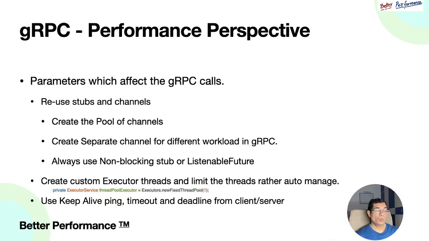Coming next, what are the performance perspectives on these? Whenever we use any of the methods, we have to be very careful in defining the parameters of the RPC call. More majorly, I have seen in real-life applications that people create blocking stubs, and a blocking stub is always costly.